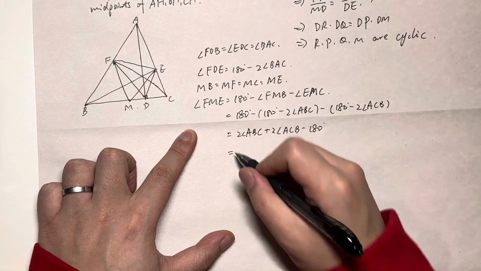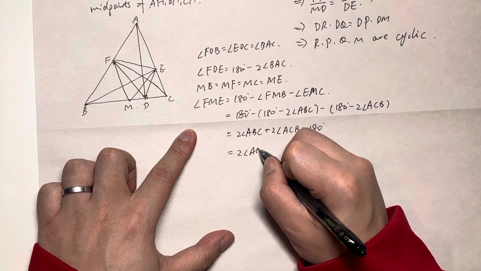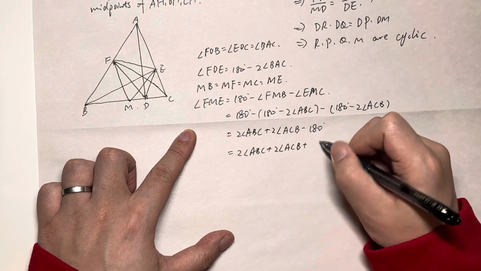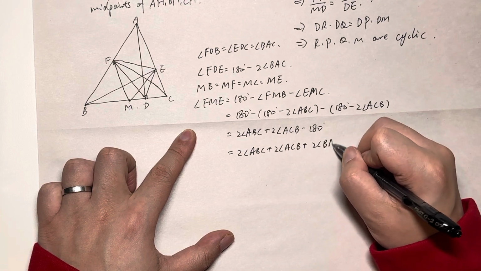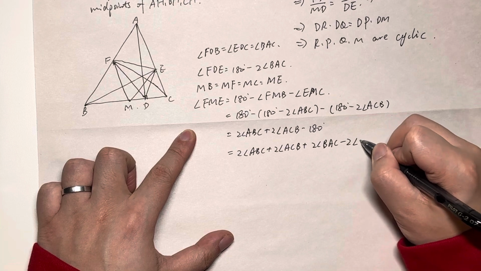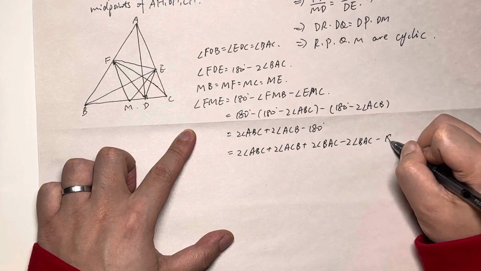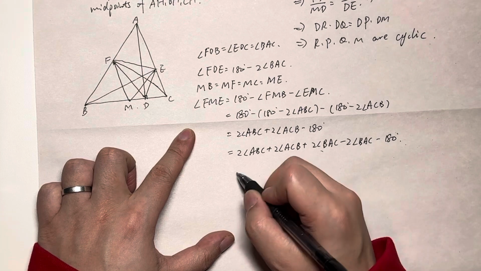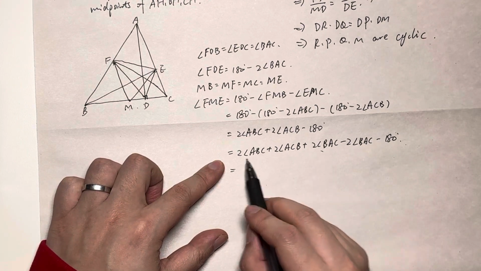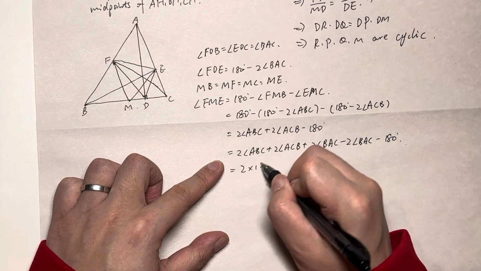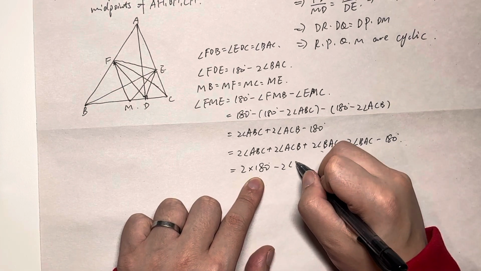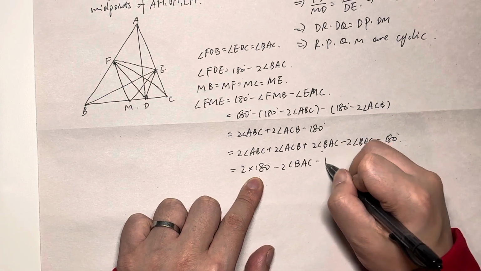So it can be rewritten as twice of angle ABC plus twice of angle ACB plus twice of angle BAC minus twice of angle BAC minus 180 degrees, right? Plus 1 minus 1, these two cancel. So it equals to twice of 180 degrees minus twice angle BAC minus 180 degrees.